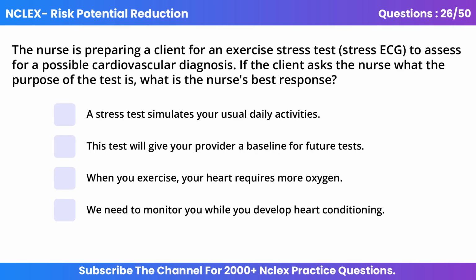Question 26. The nurse is preparing a client for an exercise stress test, stress ECG, to assess for a possible cardiovascular diagnosis. If the client asks the nurse what the purpose of the test is, what is the nurse's best response? C. When you exercise, your heart requires more oxygen.